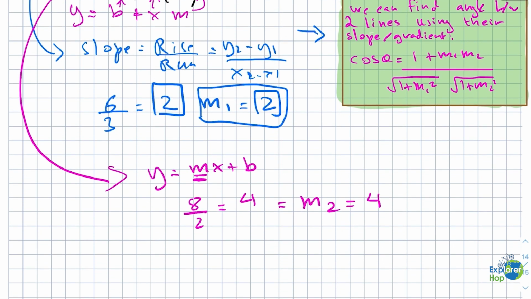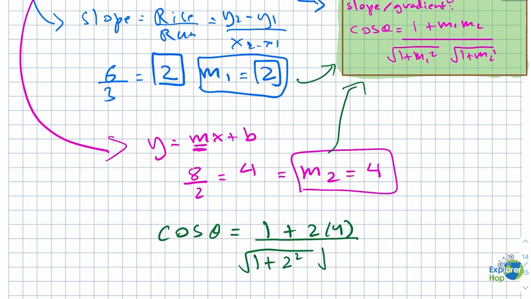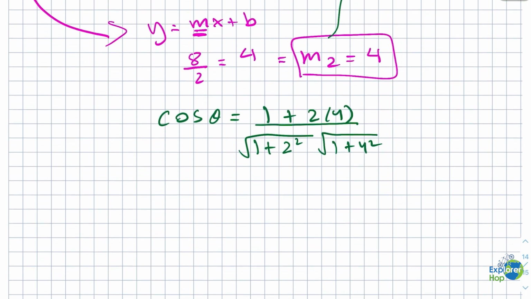Now that we have m1 and m2, we can simply plug these values into this equation to get cos theta is equal to 1 plus 2 times 4 divided by the square root of 1 plus 2 squared, times the square root of 1 plus 4 squared.